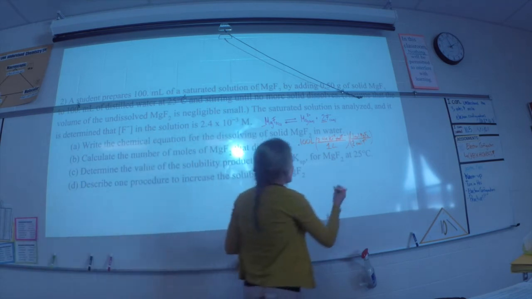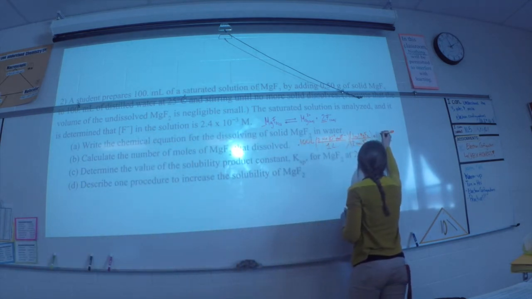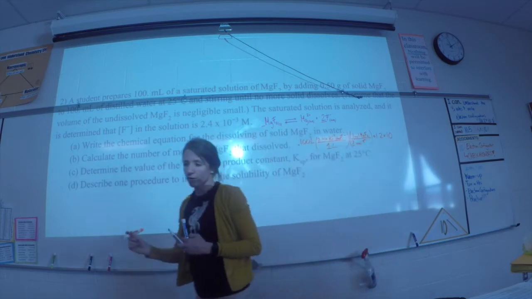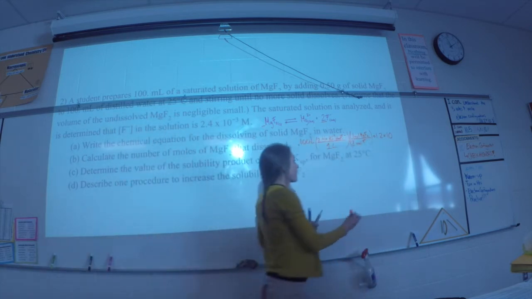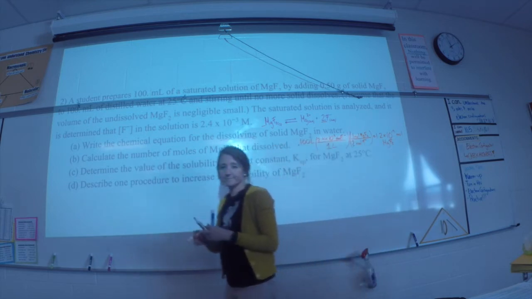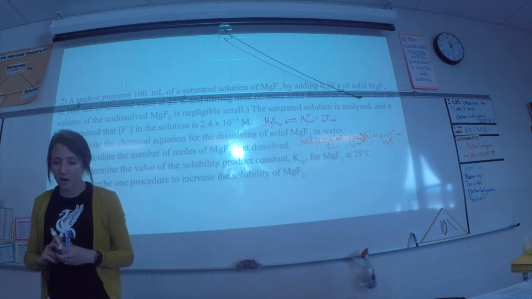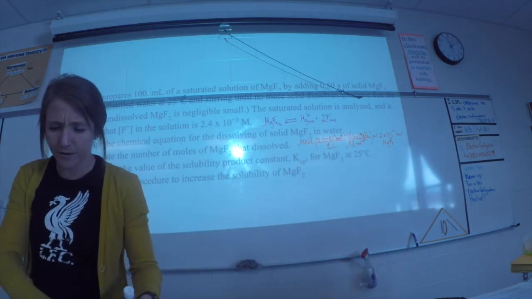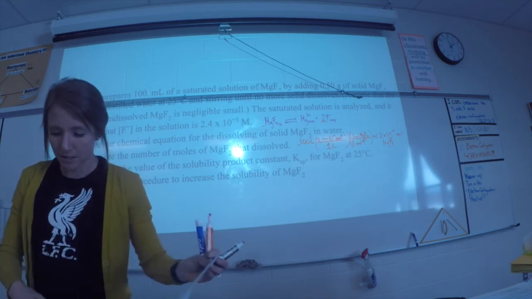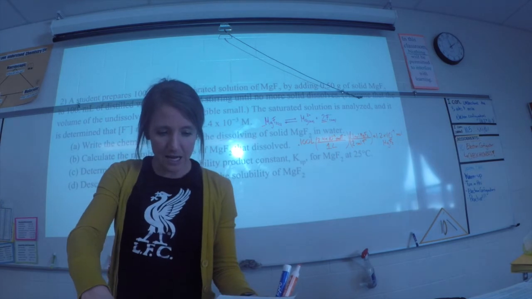Then you plug that in, and we get an answer of 1.2 times 10 to the negative 4 moles of MgF2. And that's the final answer. This one was out of 2 points.